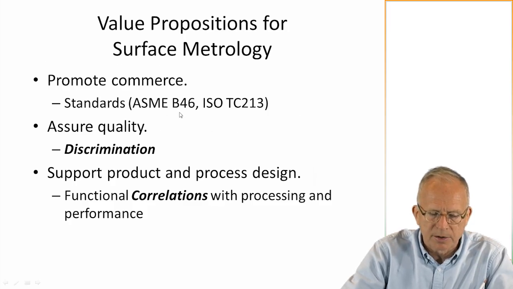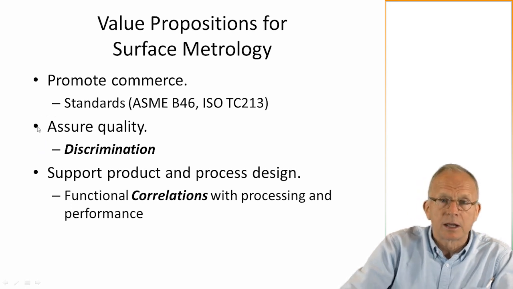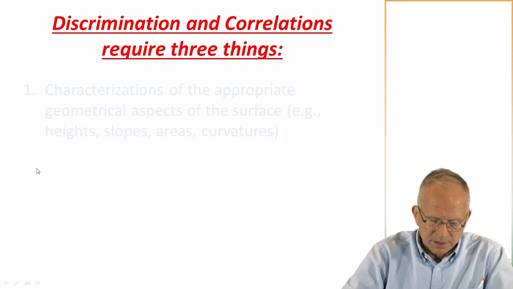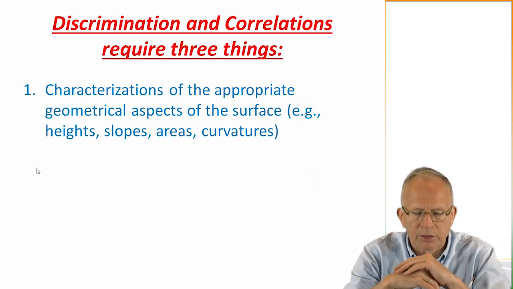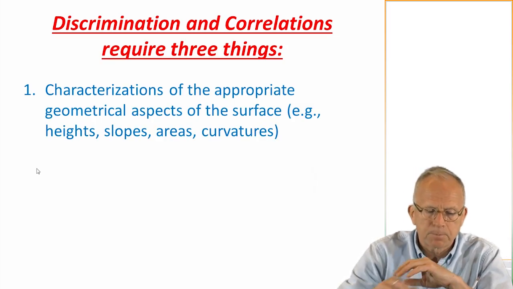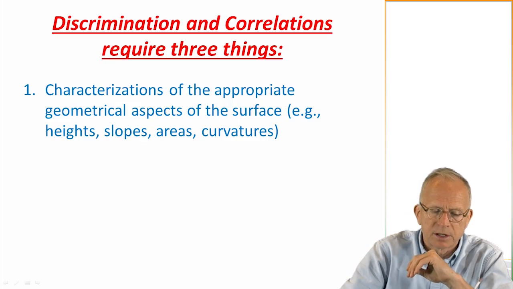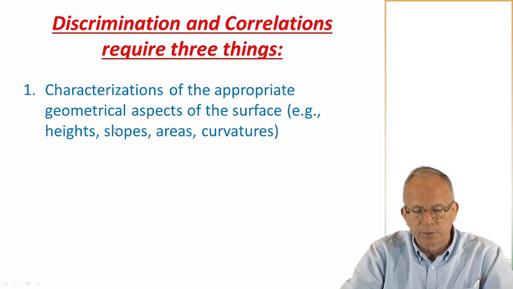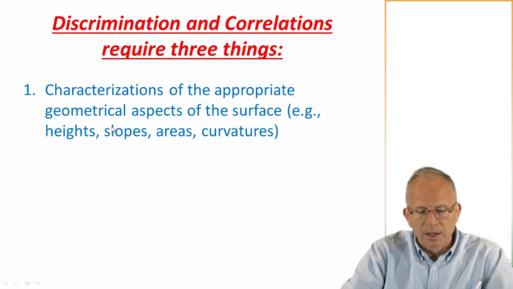Promoting commerce is already fairly well covered by this, but often we're not getting good discrimination or able to find these correlations. So the thought is that they really require three things. And we'll develop this in the course of this lecture and the second one on surface metrology, and get back into this as well, I think in machined surfaces.